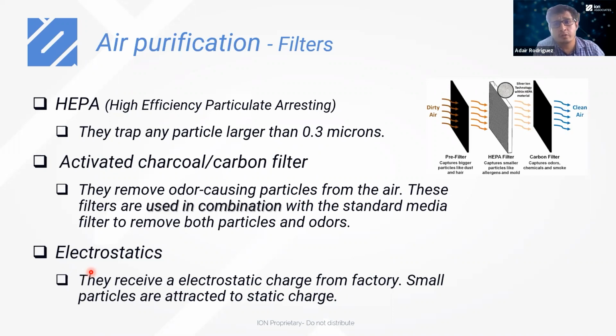They can also be used with carbon filters that normally are used for odor control, to remove the odor within the air. Also, we can find electrostatic filters that, with the electrostatic charge that normally is from the factory, attract the components. So it doesn't allow the small particles to stay in the air.